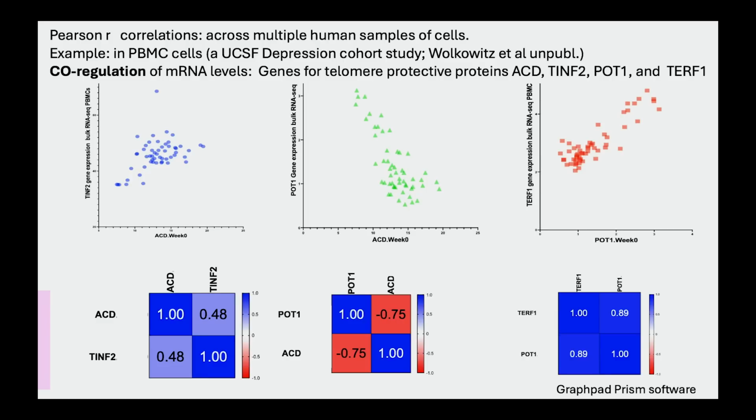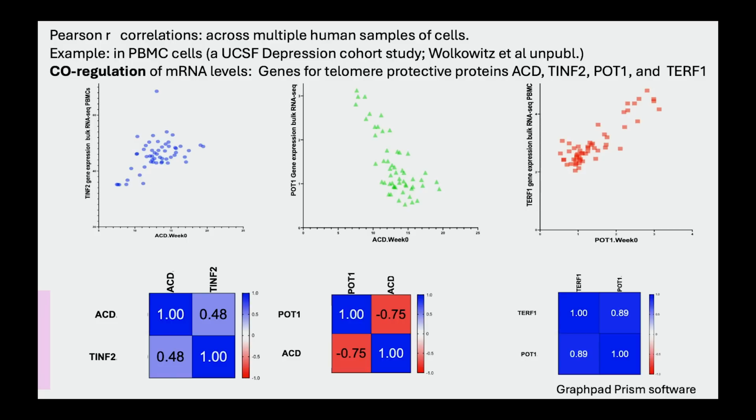So let me just give you a few examples. This is real life, this is UCSF, a big study. These are fairly healthy people, and each spot is the peripheral blood mononuclear cells of one person. And what I'm plotting, across this whole set of samples, is the level of expression of two of these telomere proteins.